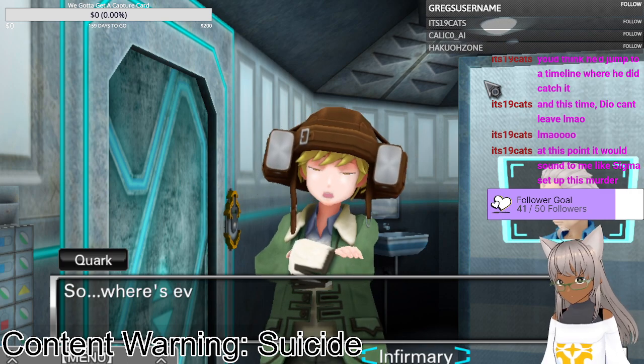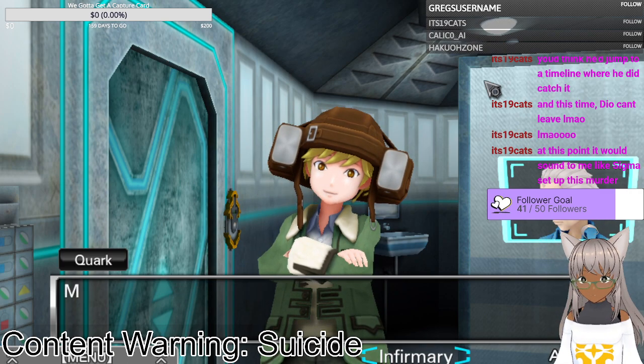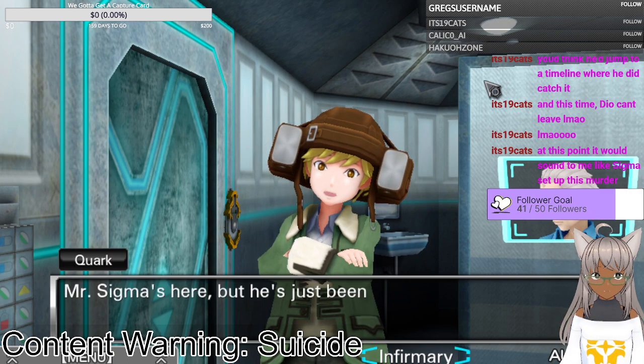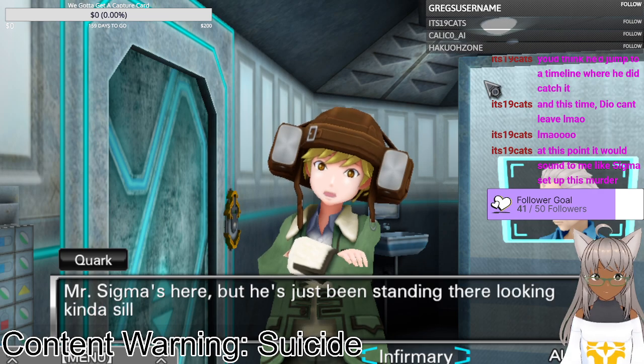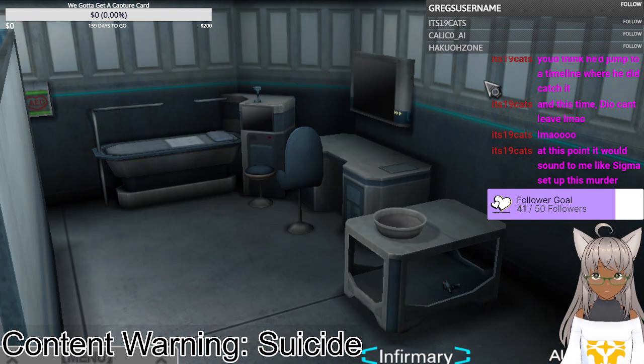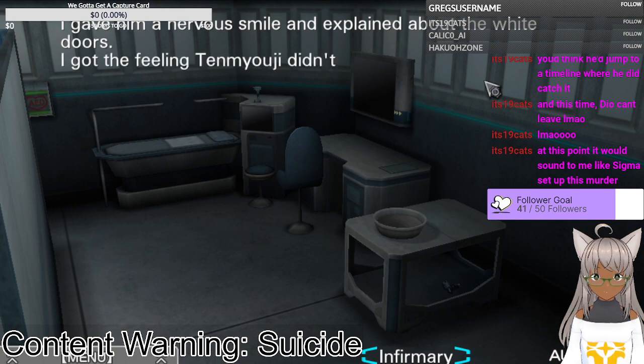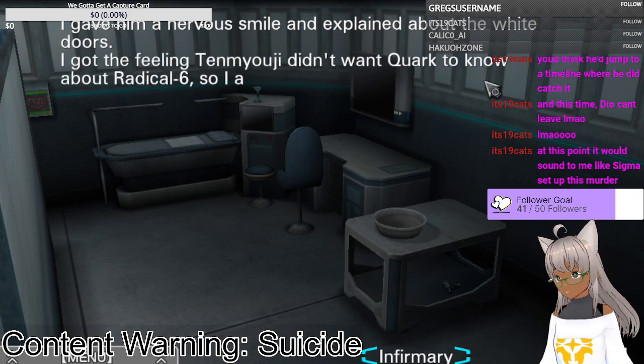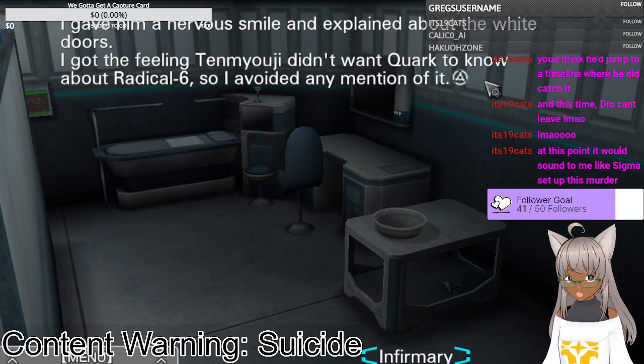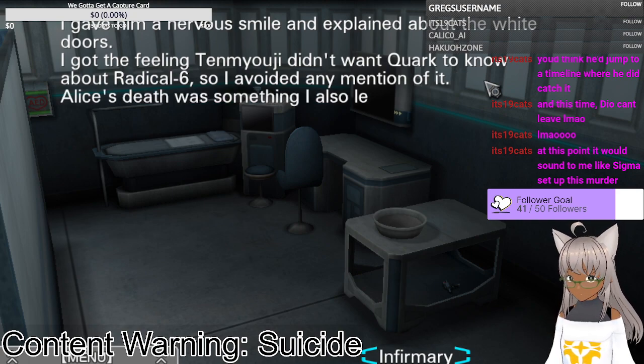So, where's everybody else? Mr. Sigma's here, but he's just been standing there looking kind of silly. I gave him a nervous smile and explained about the white doors. I got a feeling Tenmyoji didn't want Quark to know about Radical 6, so I avoided any mention of it. Alice's death was something I also left for later.